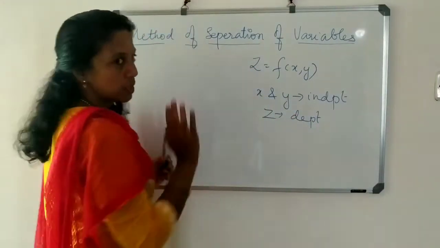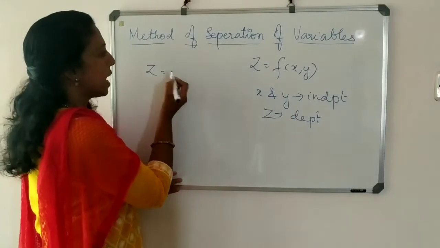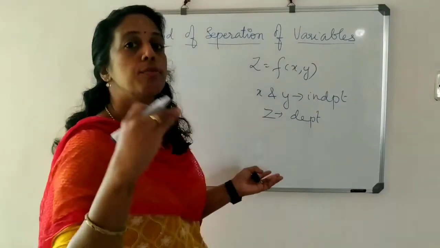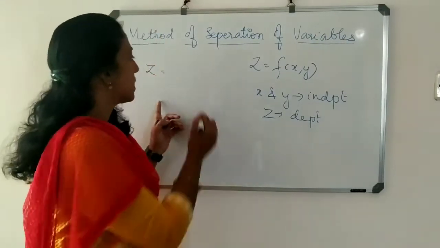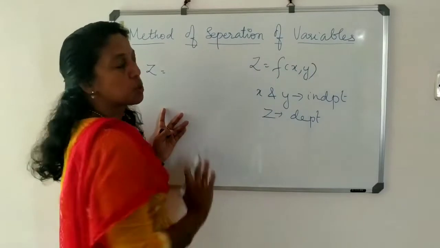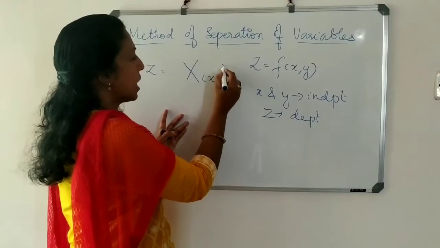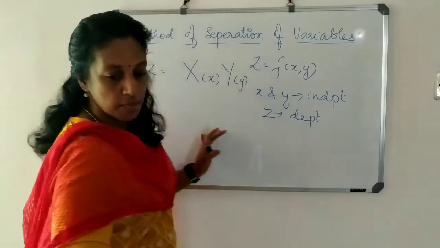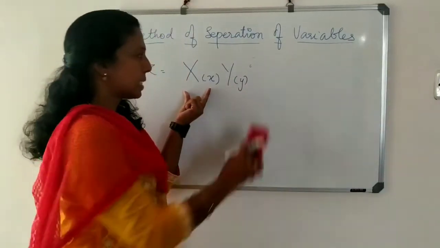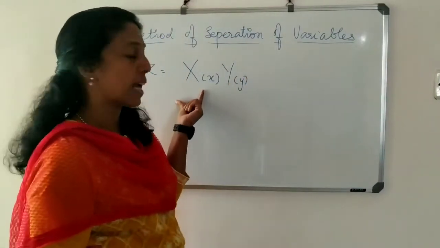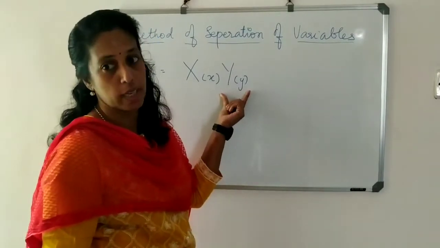Now the method we use here is, we will take the dependent variable Z as a product of the independent variables, say X of x and Y of y. That means here capital X is a function of small x alone and capital Y is a function of small y alone.